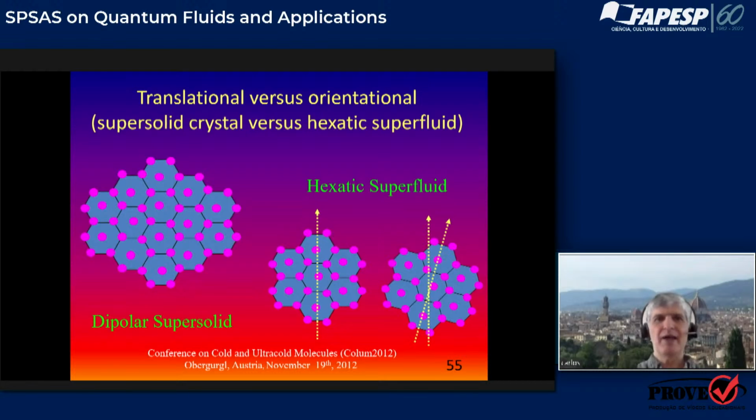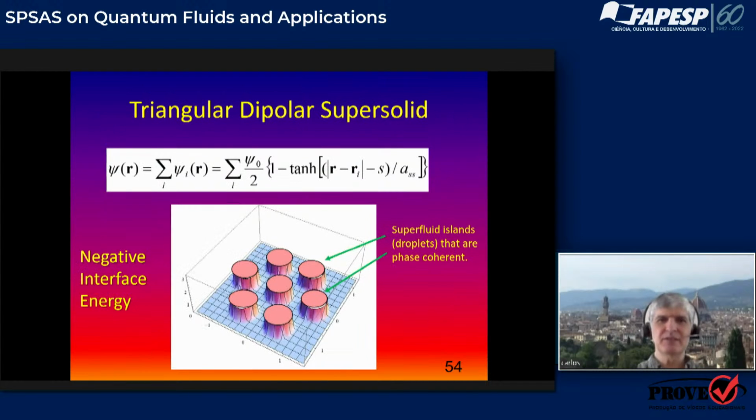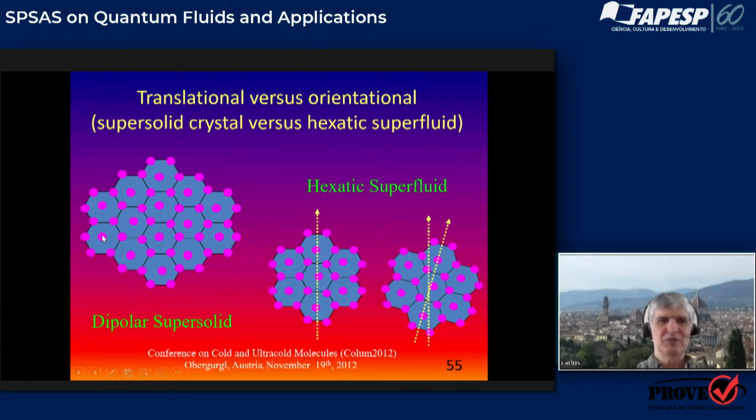So why would this be interesting? Because if you had a dipolar supersolid, you could also have a phase in which this dipolar supersolid could melt, in which the system preserves hexagonal symmetry, and it's pretty much superfluid in this domain, and pretty much superfluid in this other domain, but these two domains are no longer phase coherent.